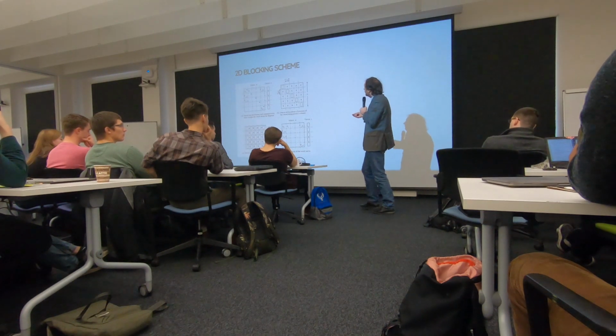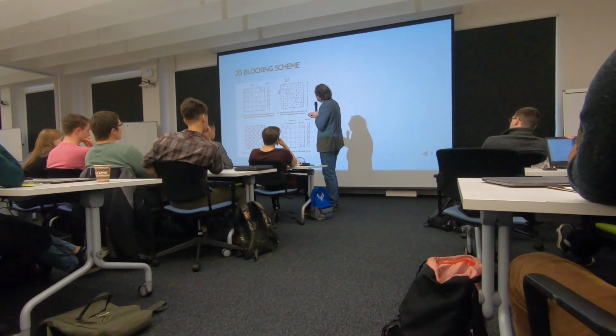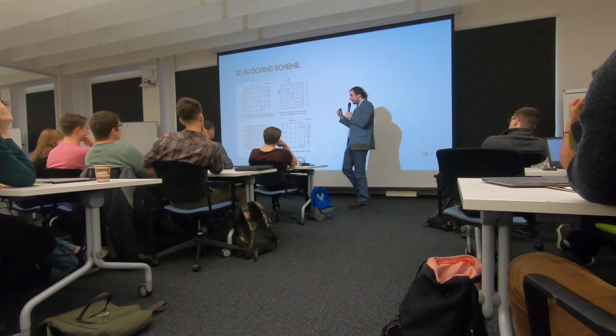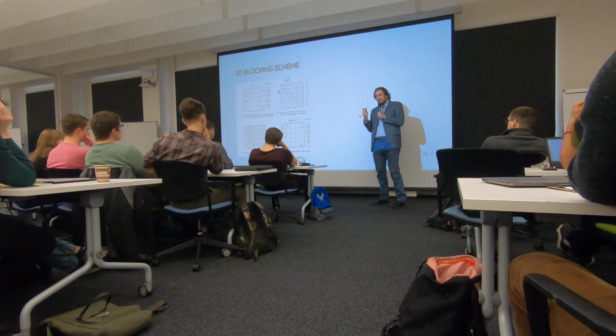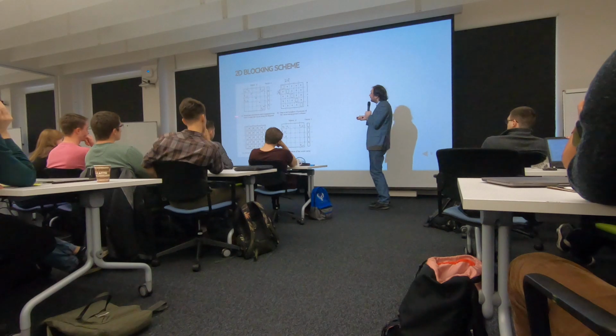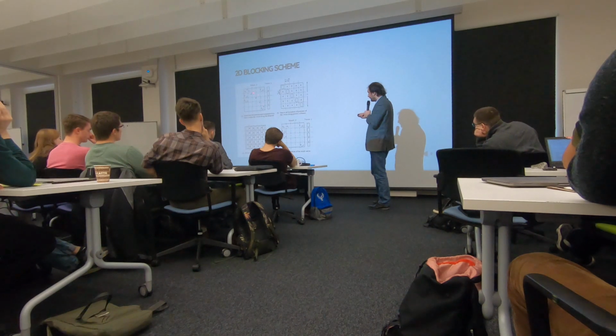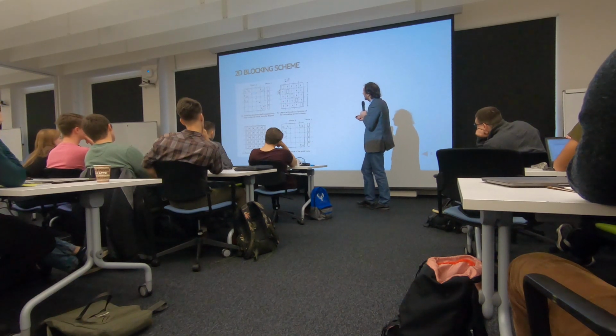So 2D blocking. It means basically that you split your matrix into blocks, and now the processors are numbered not by a single number but by two numbers, and each block of the matrix is stored by each process. Each process holds a block, not the whole row but only a block, and a part of the vector.